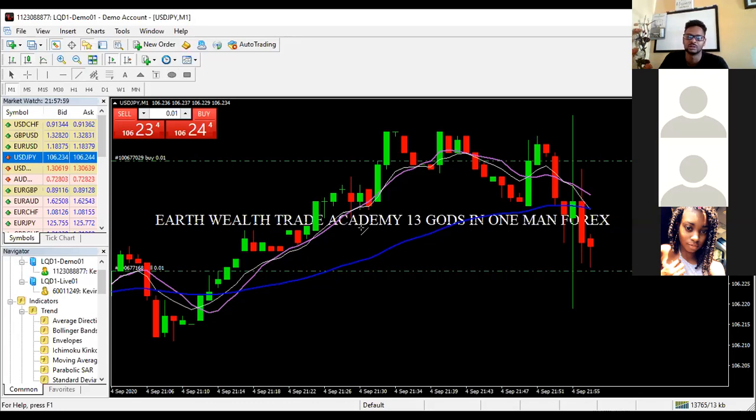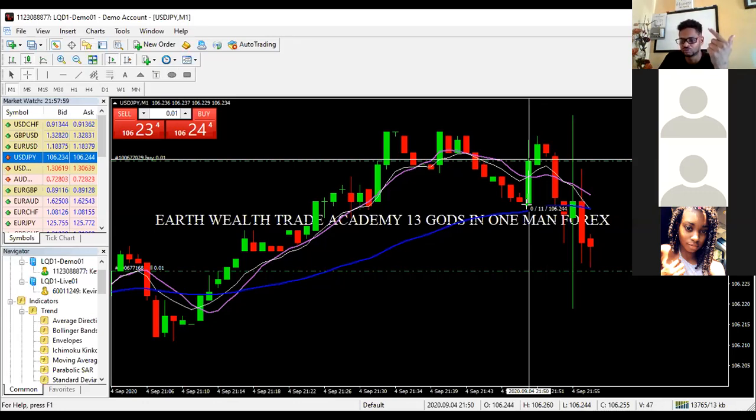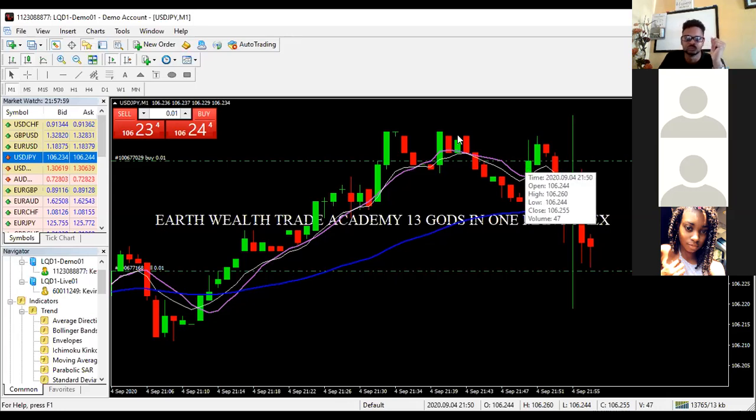If I want to look at this candle right here, that is 11 pips. See it? So that's the point in question. It is the price, and it is also the percentage in point. This candle is the point that we're talking about. So it's the smallest movement. For example, right here, you see how small this is?